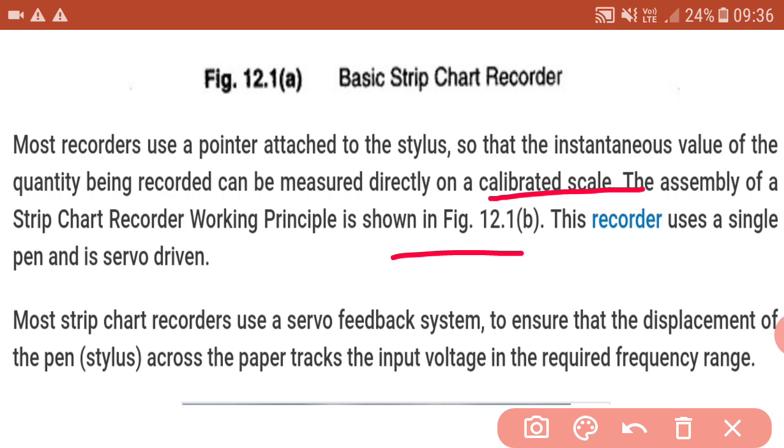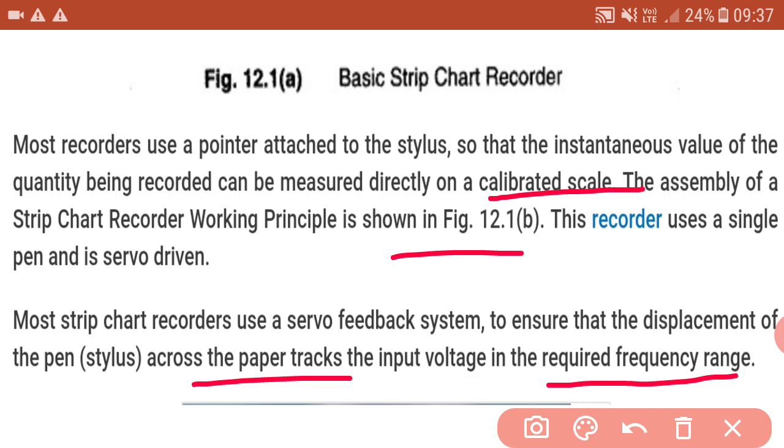Most strip chart recorders use a servo feedback system to ensure that the displacement of the pen or stylus across the paper tracks the input voltage in the required frequency range.